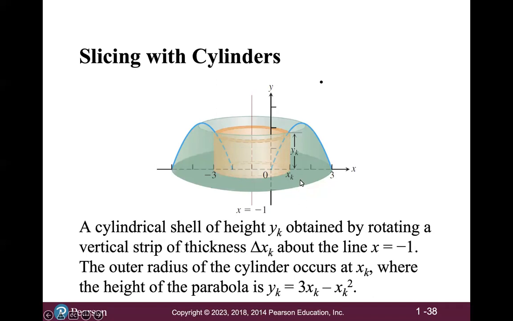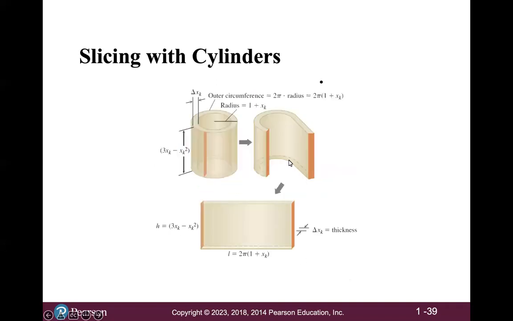The outer radius of the cylinder occurs at x sub k, where the height of the parabola is y sub k, which is 3x sub k minus x sub k squared. And this is a picture I always like to show. If you take that shell out of the picture, imagine cutting it down the side so that I can unroll it.